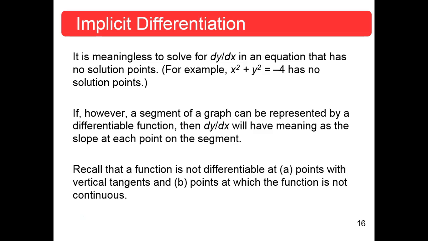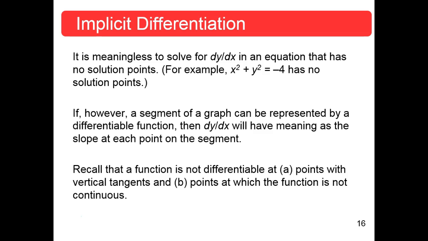If you take any real number x and square it, the least it can be is 0. It will be greater than 0 most of the time. You take any other real number y and square it, the least it can be is 0. It can't be anything less than that. And if you add two non-negative numbers together, you surely can't get a negative number. No solutions. So don't try implicit differentiation when there is no solution.